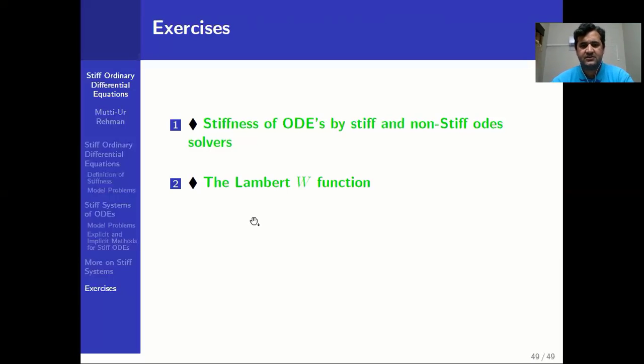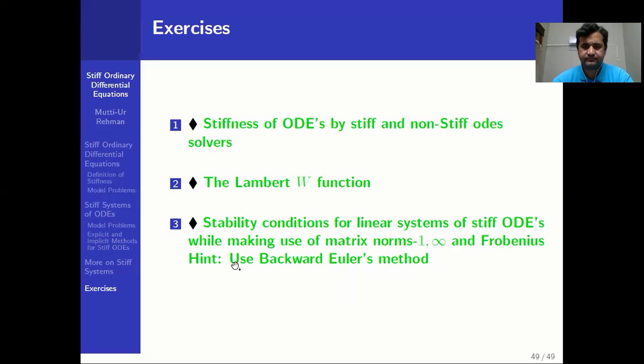Also try to understand the Lambert W function, and you also have to use the matrix 1 norm, matrix infinity norm, and the matrix Frobenius norm in order to understand the stability conditions for the system of stiff ordinary differential equations.